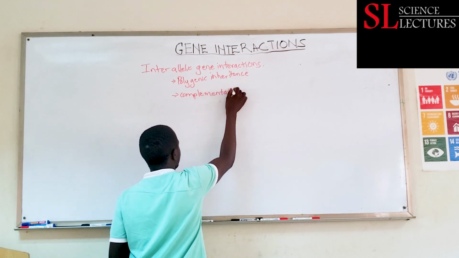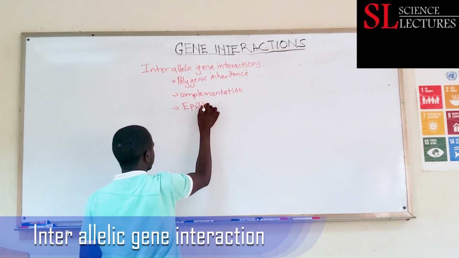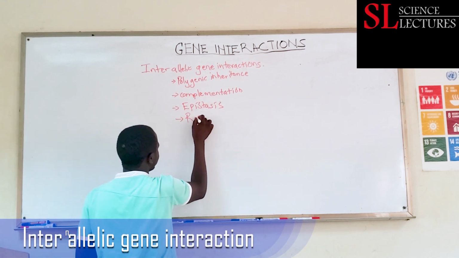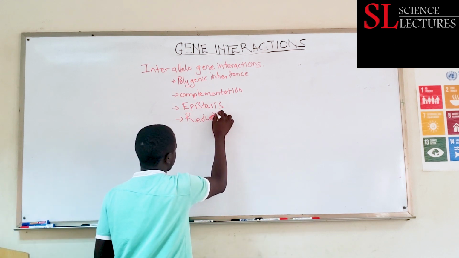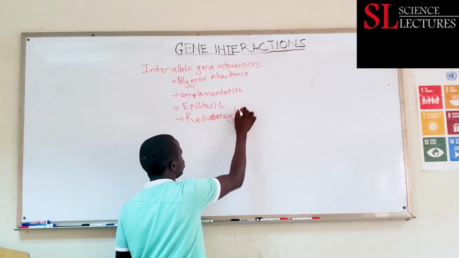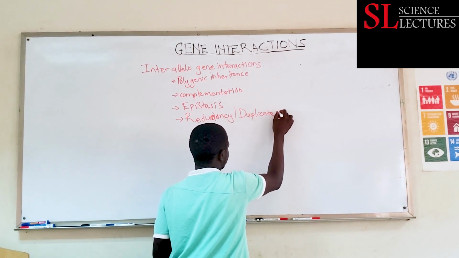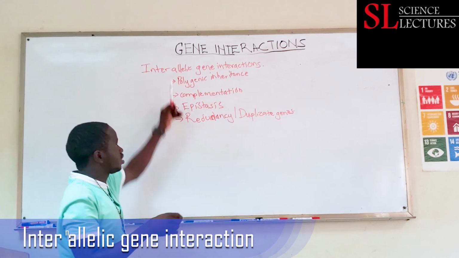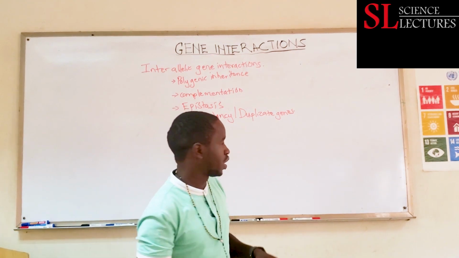We have what they call epistasis. Then there is what they call redundancy, or what they call duplicating genes. All these are deviations from the normal Mendelian expected ratio.